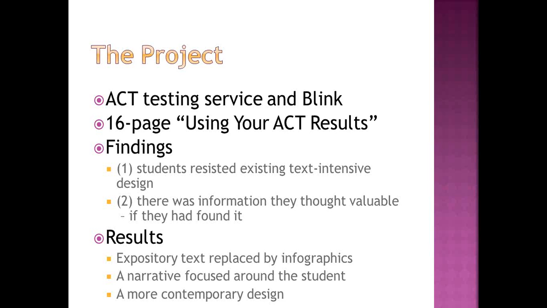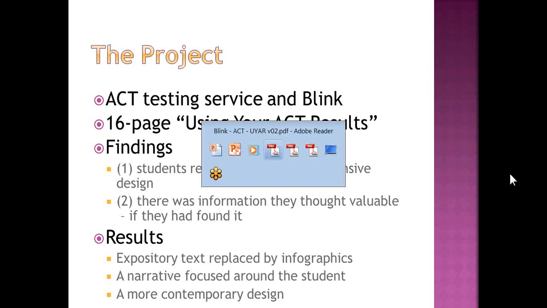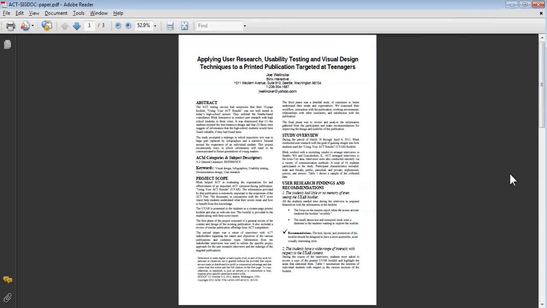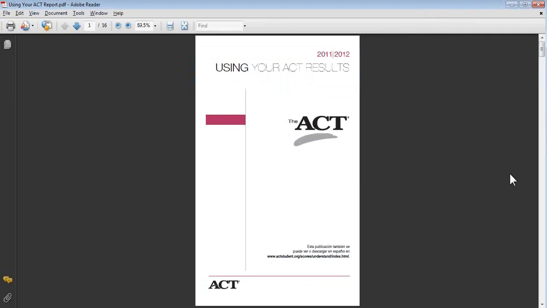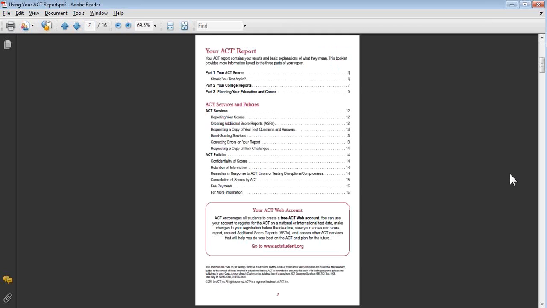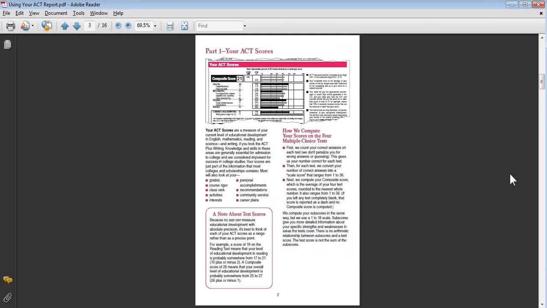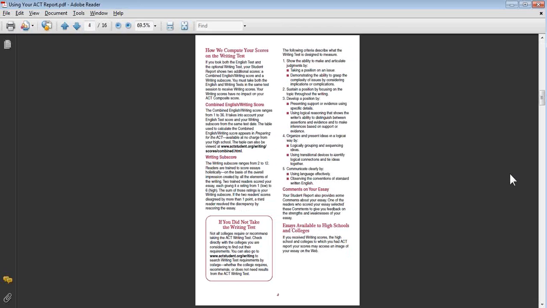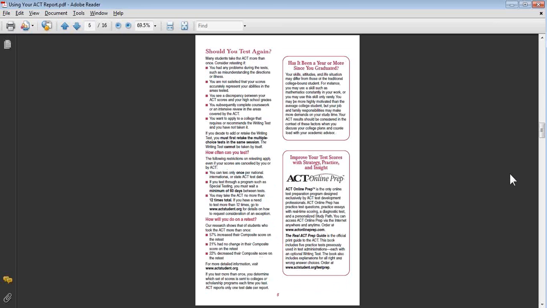There were several of these publications, but the one I'm talking about here was called Using Your ACT Results, and it was a publication that students would receive along with their test results. And so here's a look at that. It was a pamphlet-sized document, and it was 16 pages long, and it essentially had information that would enhance or supplement what the students found in their score report.